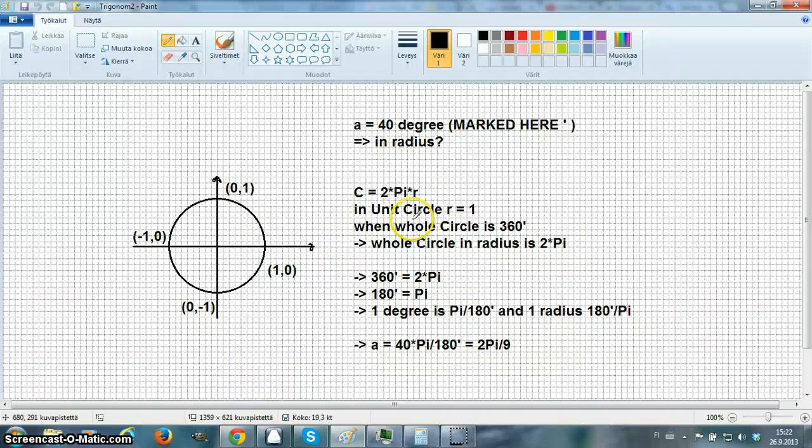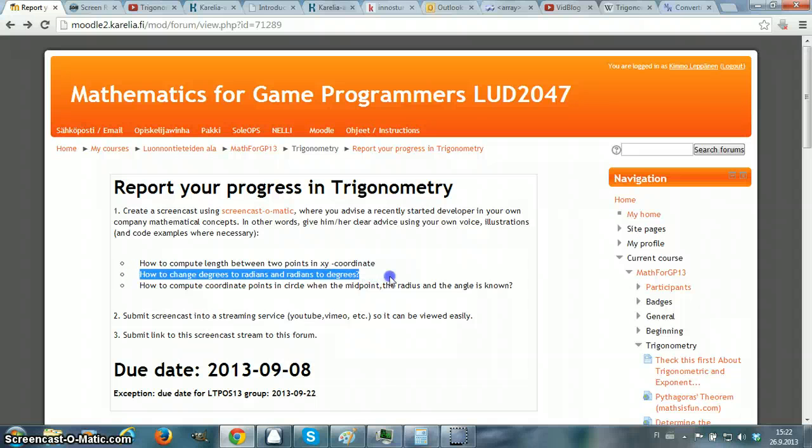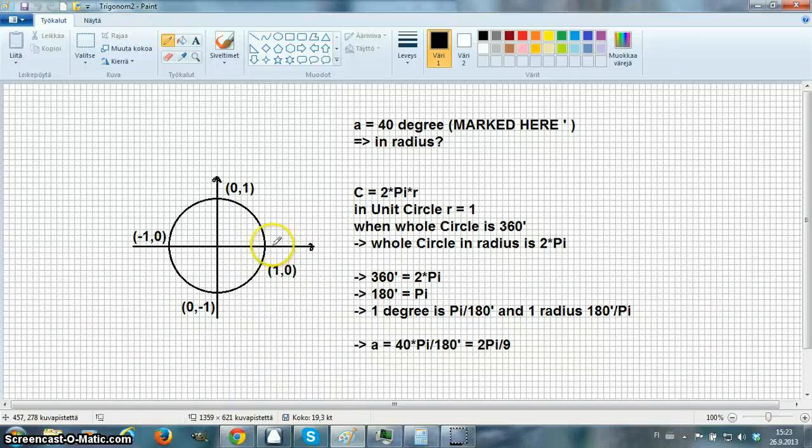Okay, then we do the unit circle. So I made a question on how to change degrees to radians and radians to degrees. For now, I explain what a degree is.